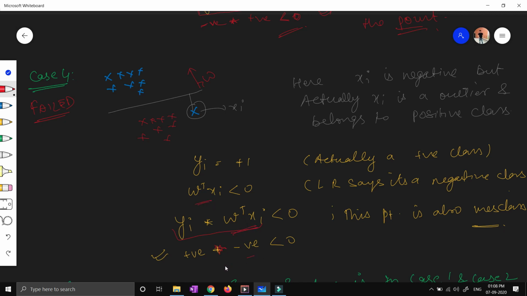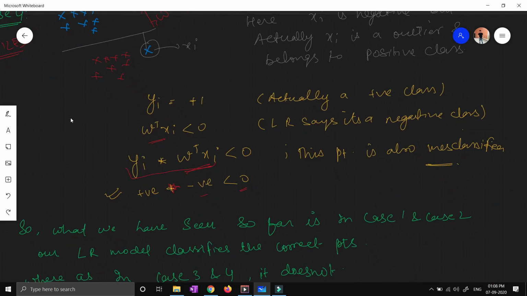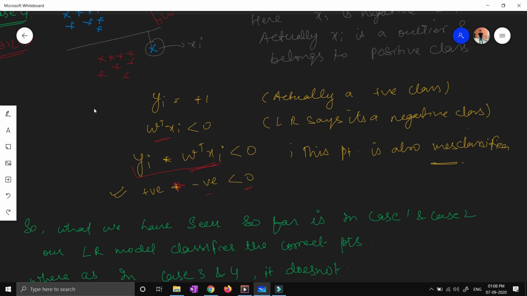So plus times minus equals minus, obviously. So it will be less than 0. Here also we see that this particular term is less than 0. So whenever this particular term is less than 0, I can say that my logistic regression classifier, or whatever plane I have created, misclassifies the points.